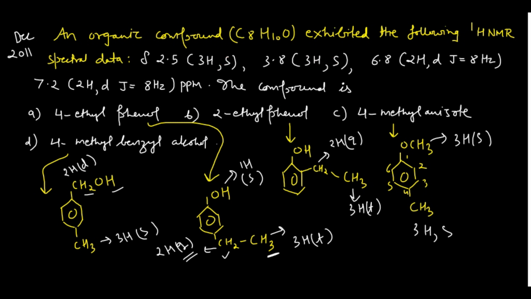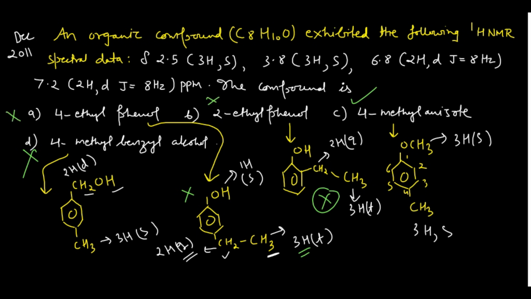That means you are having two 3 proton singlets, and this molecule is having only 1 singlet, this 4, so this cannot be your answer. Okay, similarly you see here this one, this is also giving you only 1 singlet, so this cannot be your answer. A is also not your answer, and this is also giving only 1 3 proton triplet, this cannot be your answer. So only the third molecule actually, right?